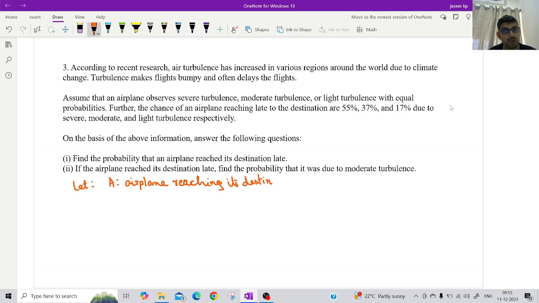Due to the different types of turbulence, this occurs. We take E1 as severe turbulence, E2 as moderate turbulence, and E3 as light turbulence.